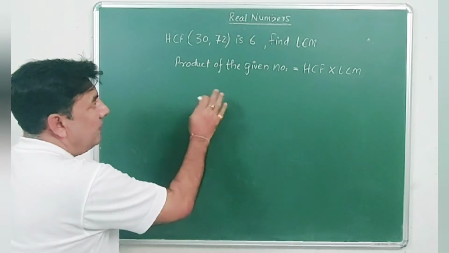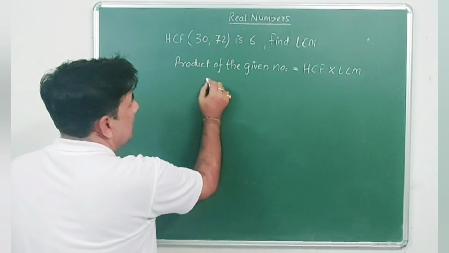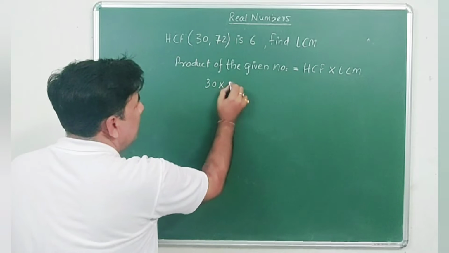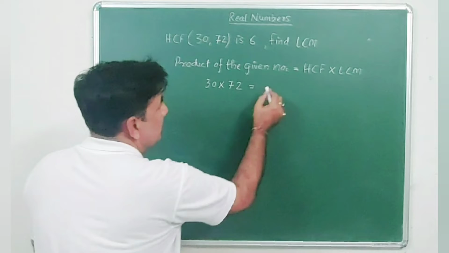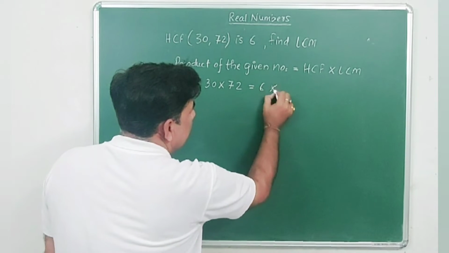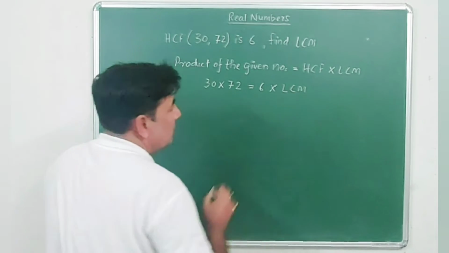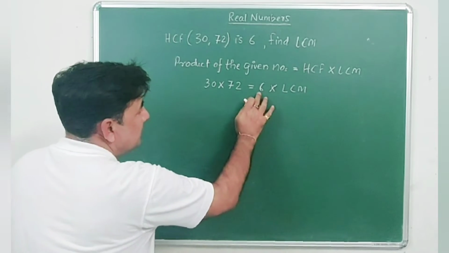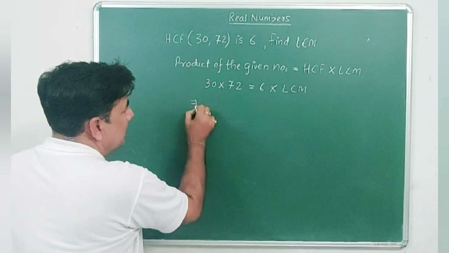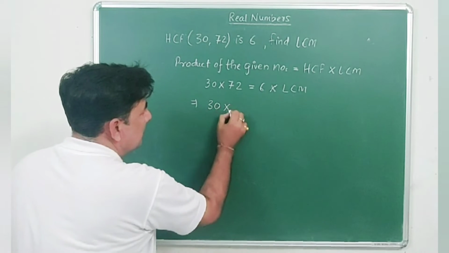Now here the two given numbers are 30 and 72, right? And their HCF is 6 and you have to find the LCM. So there we are with the equation, and to find the LCM just divide by the given number.